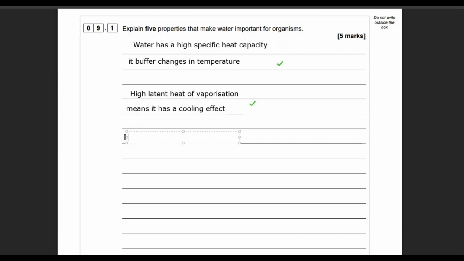We can talk about cohesion. Again, this is down to the fact that water molecules have a dipole, but we're just going to say water molecules have cohesion. We can say cohesion-tension if we want. And why is that useful that they have cohesion?